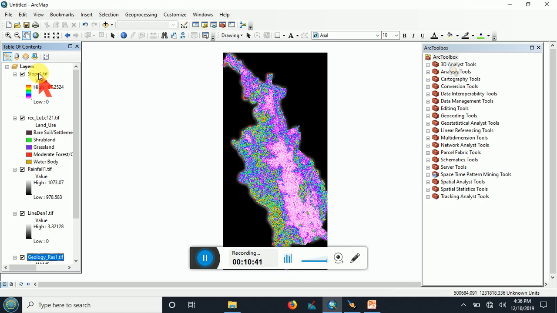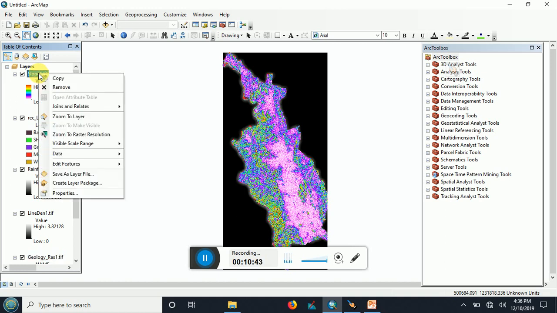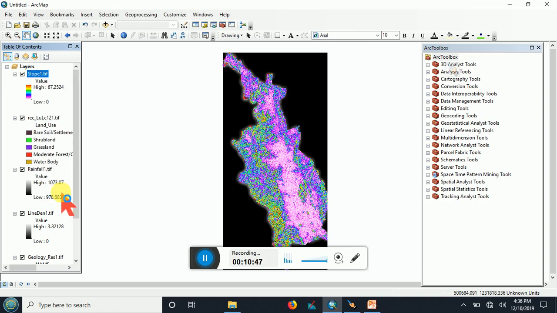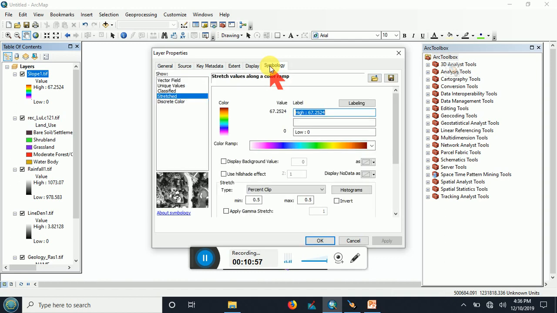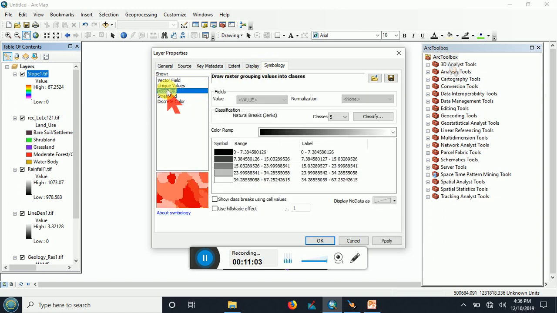To do that, please right click on it, go to properties, symbology, classified.